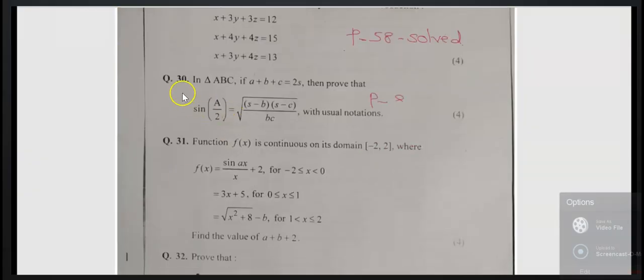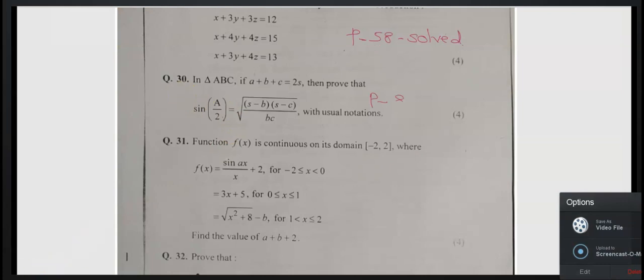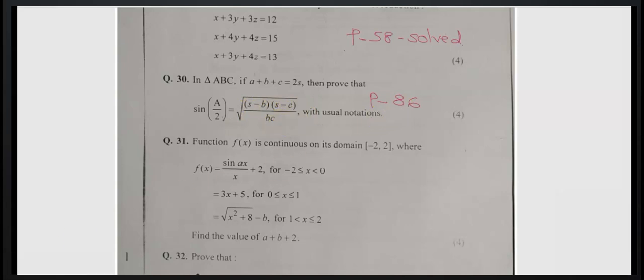Now the next question is: in triangle ABC, a + b + c = 2s. Then prove that sin(A/2) = square root of (s - b)(s - c) upon bc, with the usual notation. It is a solved question. Solved theory is there.